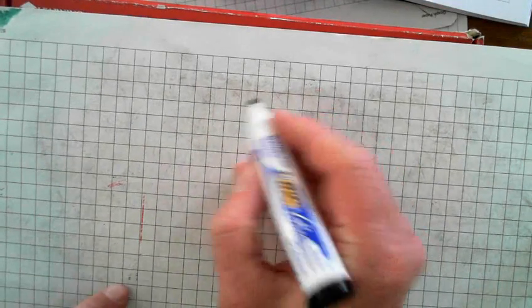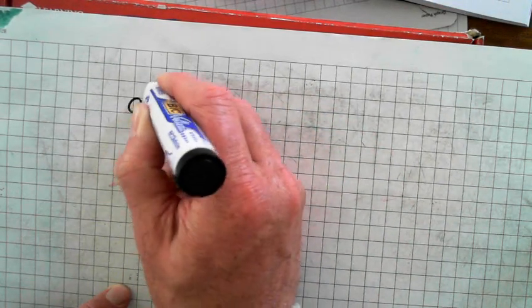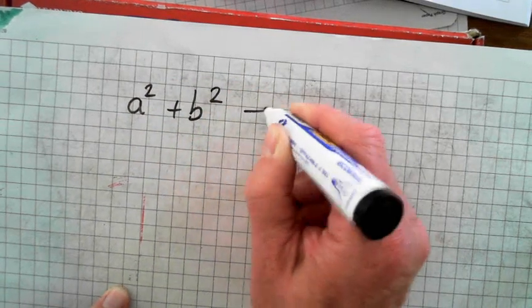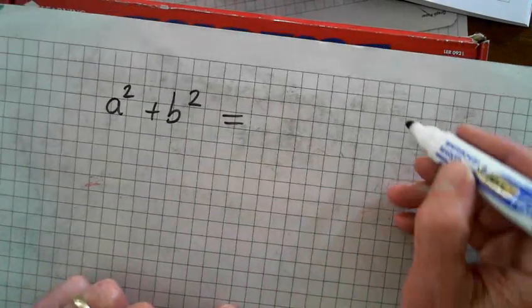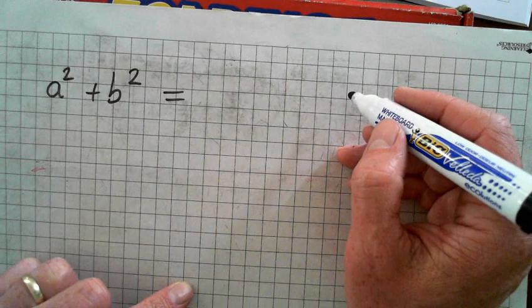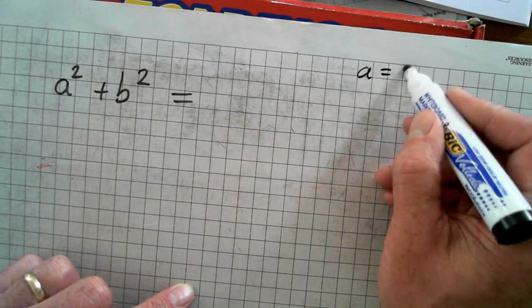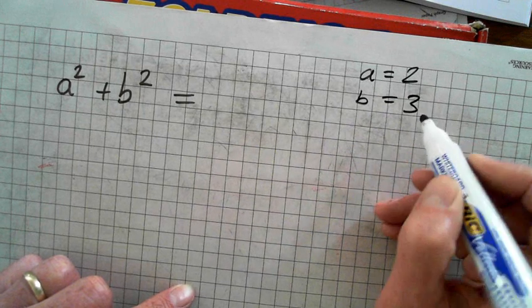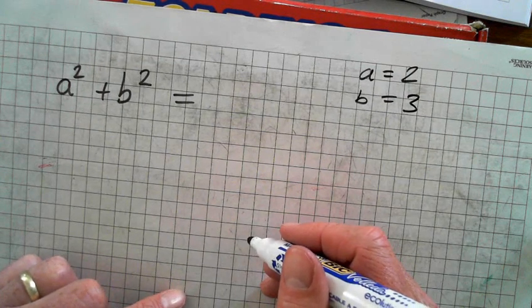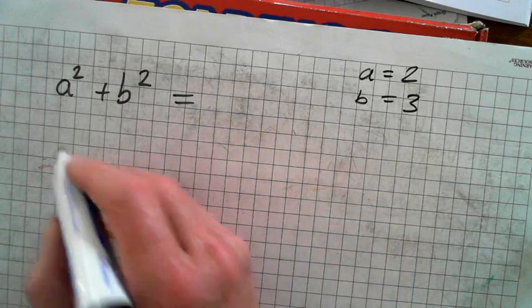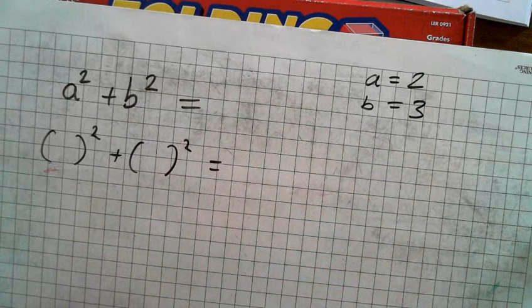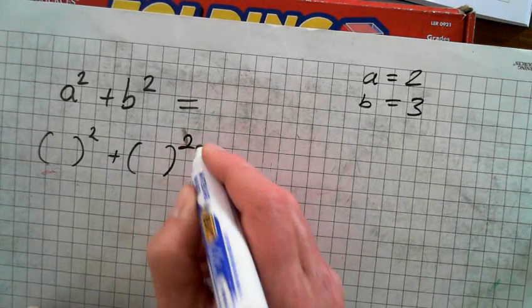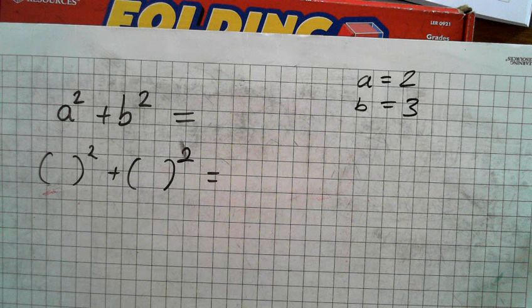Right, A squared plus B squared. I'll give you some different values, so write it down, give it a go. A is equal to 2, B is equal to 3. Calculate the answer. The first thing you should do is replace the letters with brackets. Then put in the values.